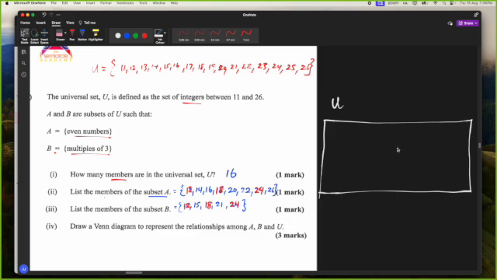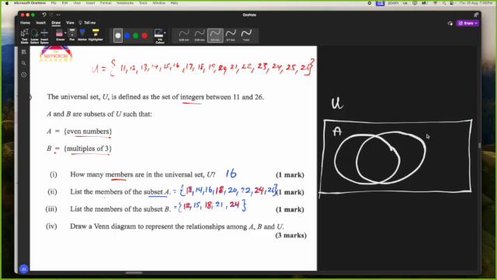So that means I'm going to have set A over here, and then set B over here, and I will have them intersecting. In fact, I should draw it a little better than that simply because we are dealing with a lot of numbers here. It's 15 numbers, so let me draw it a little bit better.